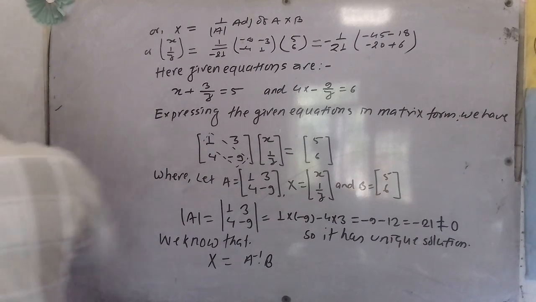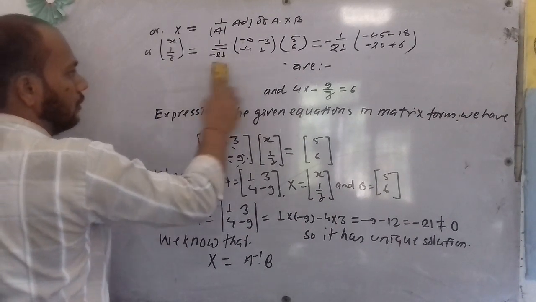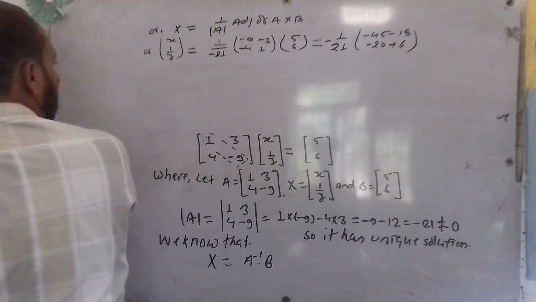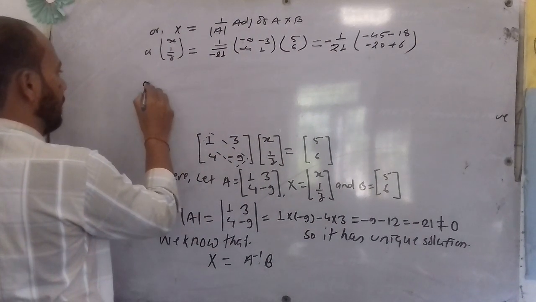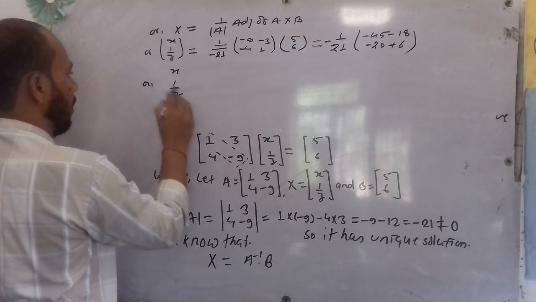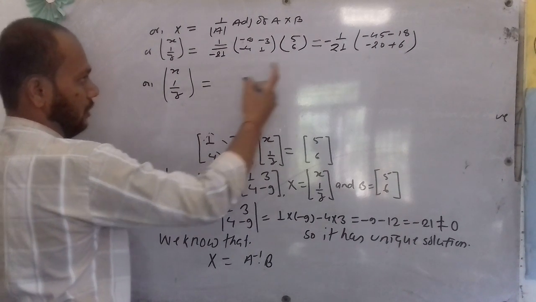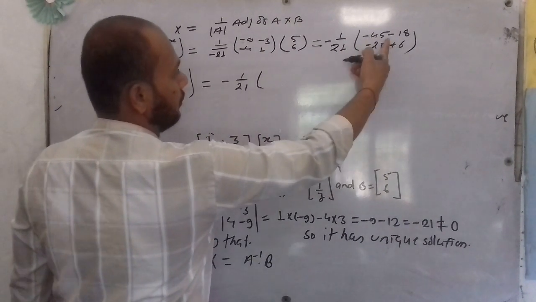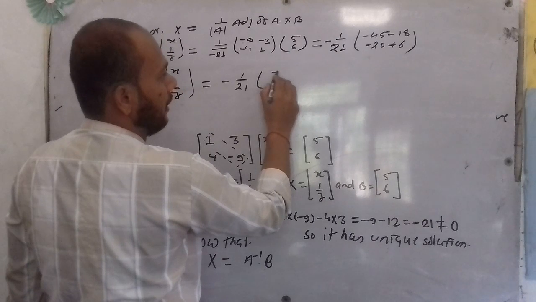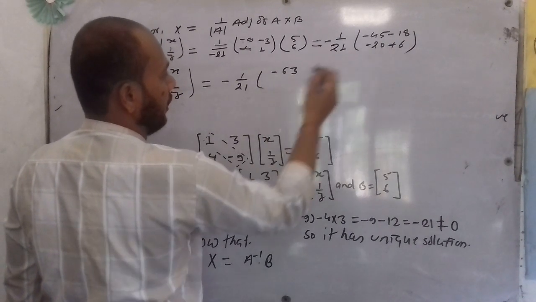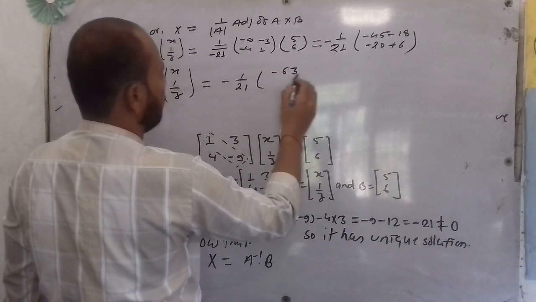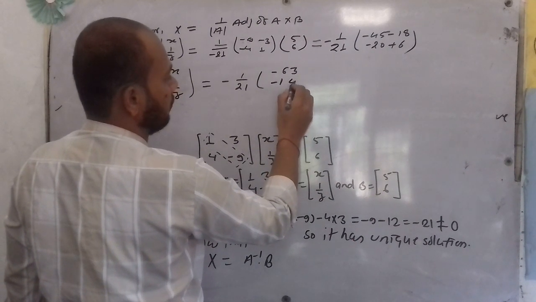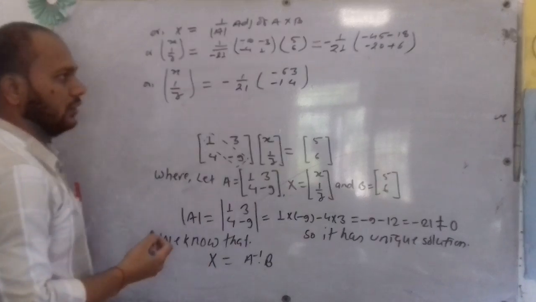Okay, I am going to calculate this. So look here, we have x, 1 by y is equal to minus 1 by 21, and here we get minus 63, and here we have minus 14.